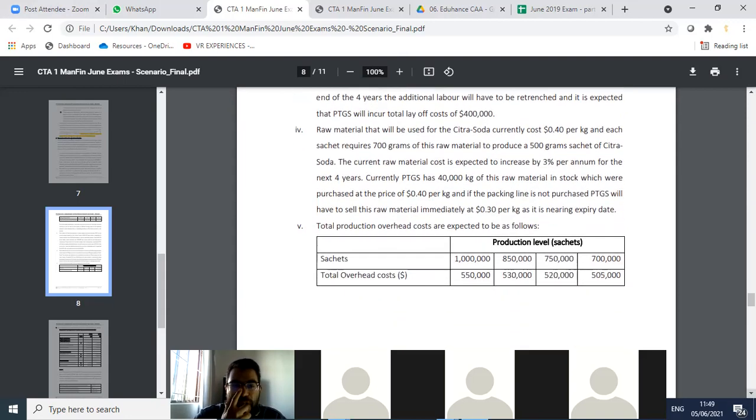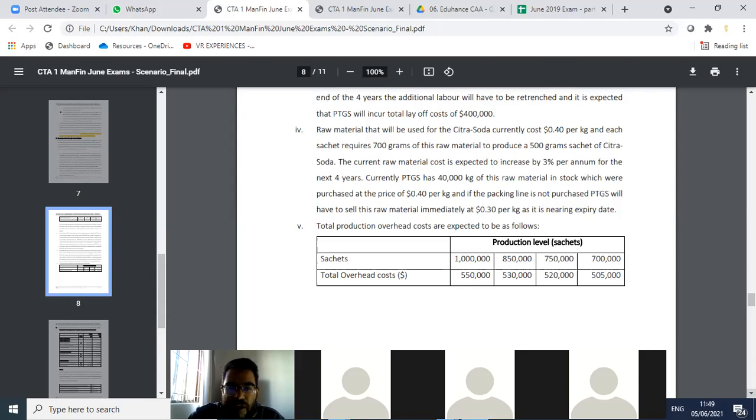Now we come to the raw material. Raw material that will be used for the citrus soda currently costs 40 cents per kg, and each sachet requires 700 grams of this raw material to produce a 500 gram sachet of citrus soda.